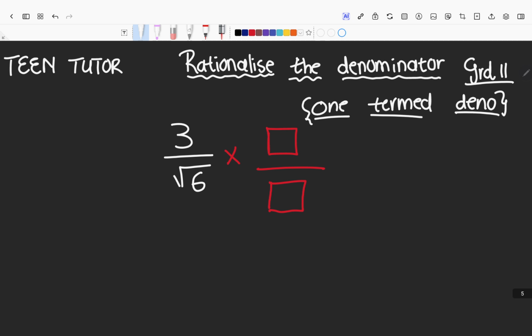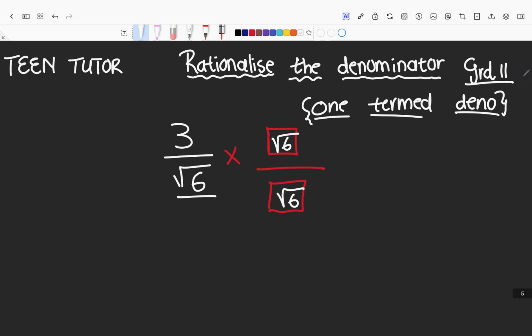Your numerator and your denominator are the denominator of the first expression, the one which you are given, which means that I'm going to say root 6 here and root 6 here.